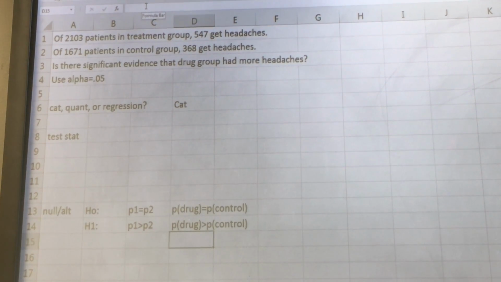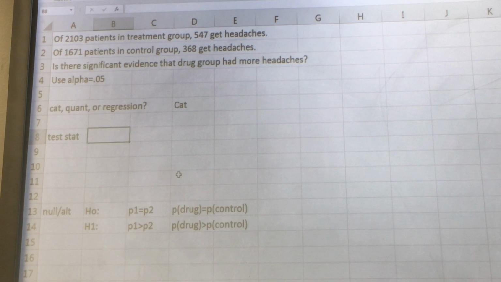All right, so now that we've done our null and alternative, we need to talk about the test statistic, okay? Given this is categorical proportion data, what should the test statistic be? And by the way, my sample sizes are huge, right?